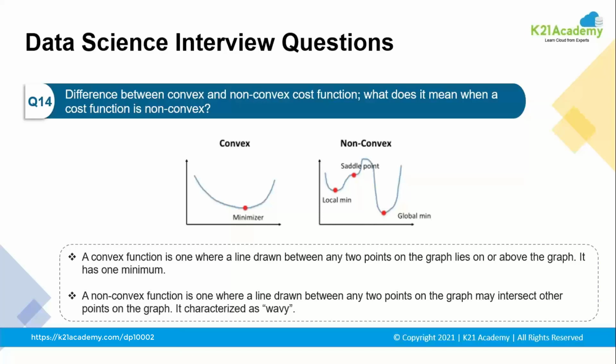There will be only one point which is the lowest point. But if a function is not convex, then we'll have multiple minima. Although we might have one global minimum, the algorithm might be stuck in a local minimum if the learning rate is not high enough. Therefore, it is very important for us to have a convex loss function.